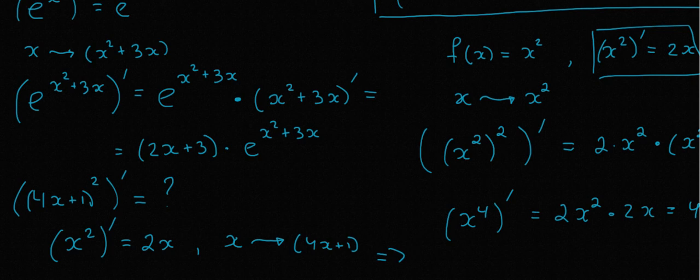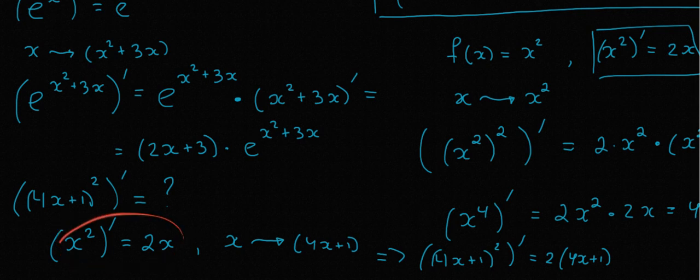So according to the chain rule, we will get that the derivative of 4x plus 1 squared equals 2 times 4x plus 1. And so that's finished with replacing x with 4x plus 1 in this formula.